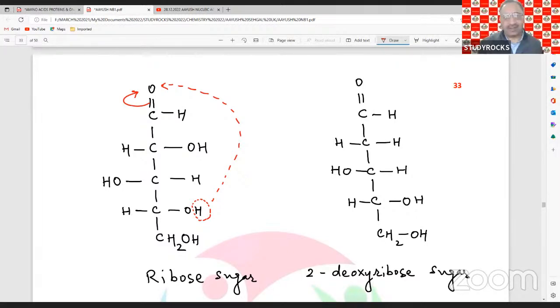It's the same story. But in glucose, the ring was of 6 atoms. Pyranose structure. Here it would be furanose, furan based. It goes like this. Is it okay?